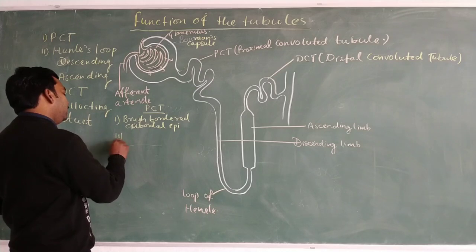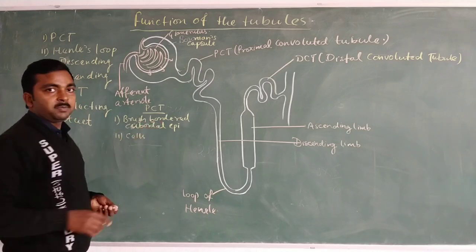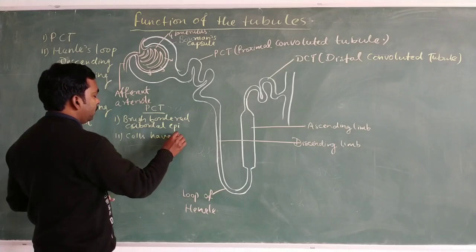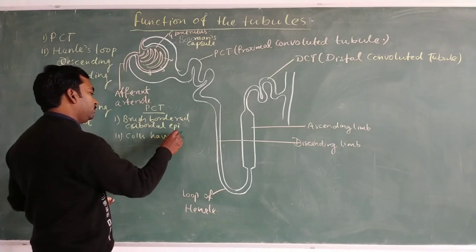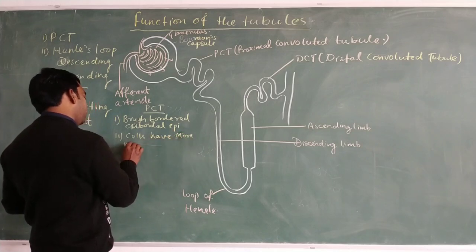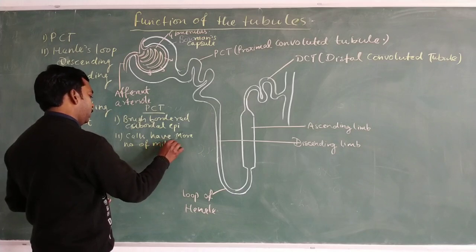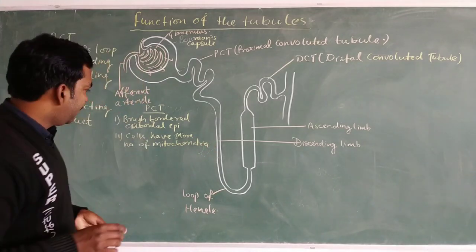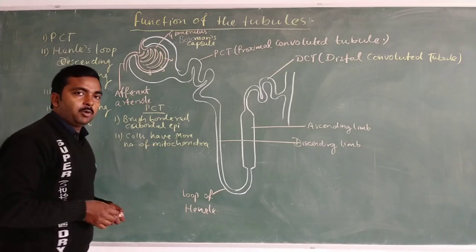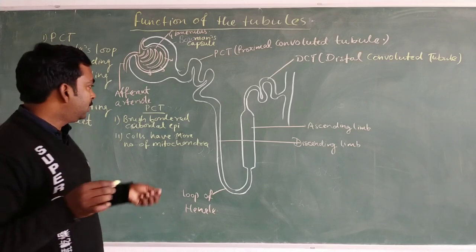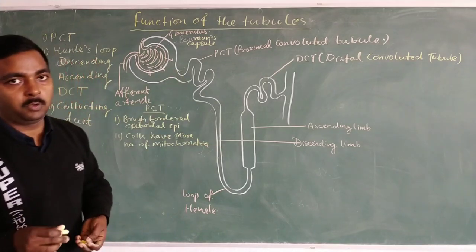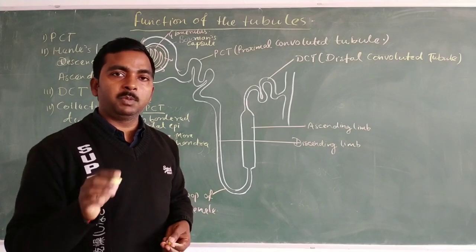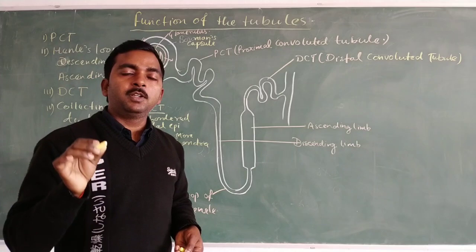The second feature of the PCT is that the cells of this brush border epithelium have a large number of mitochondria, and this amount of mitochondria ensures active transport through their membrane. The maximum transport inside the PCT through the plasma membrane takes place in the form of active transport.